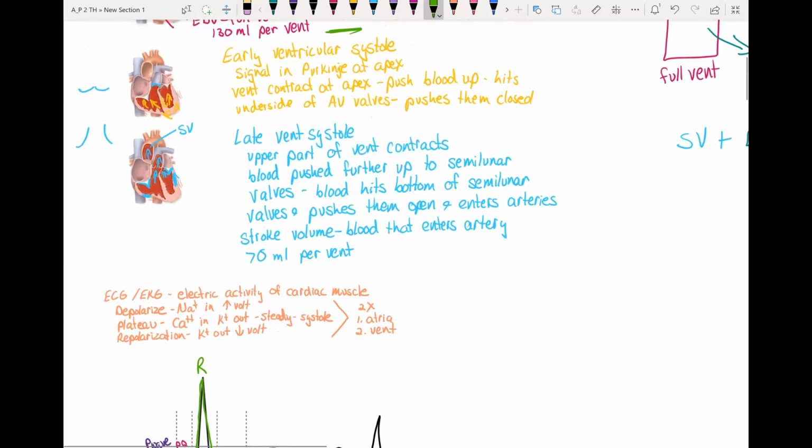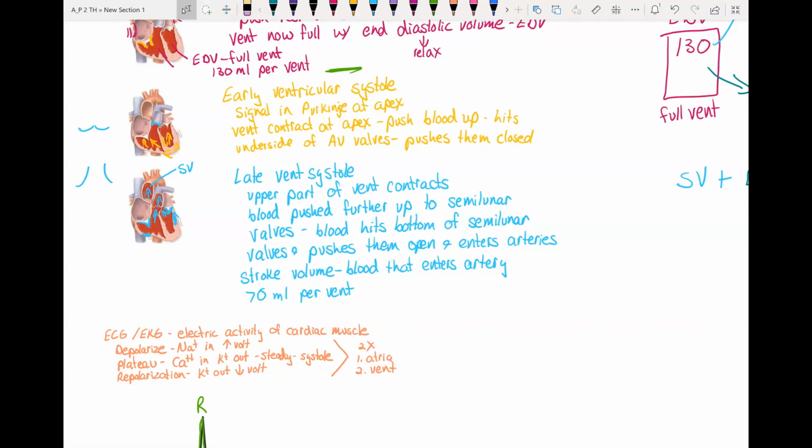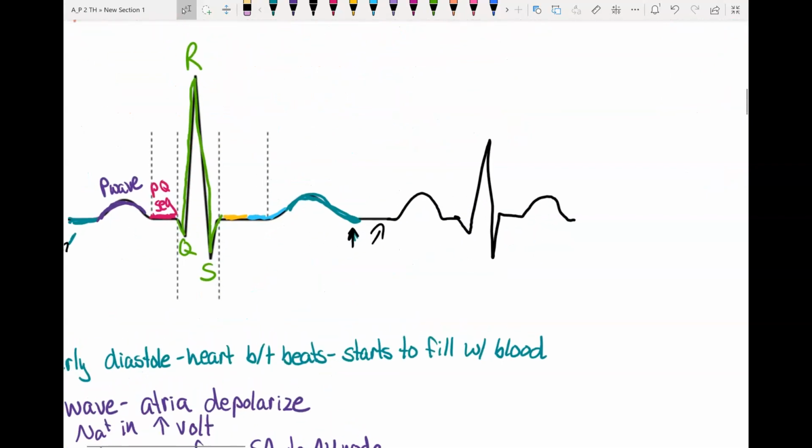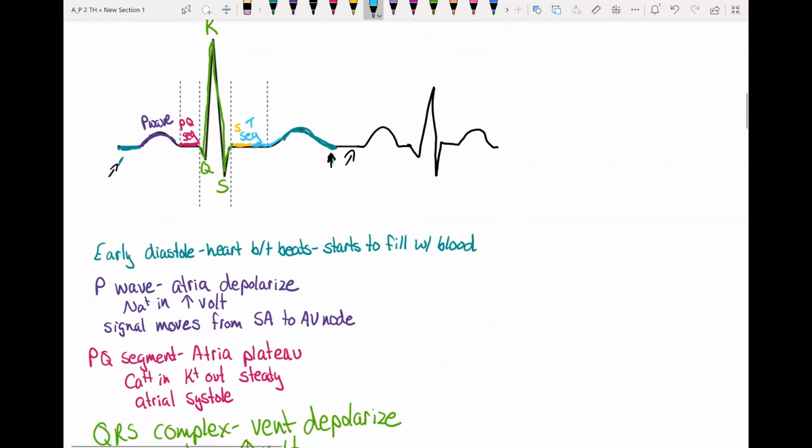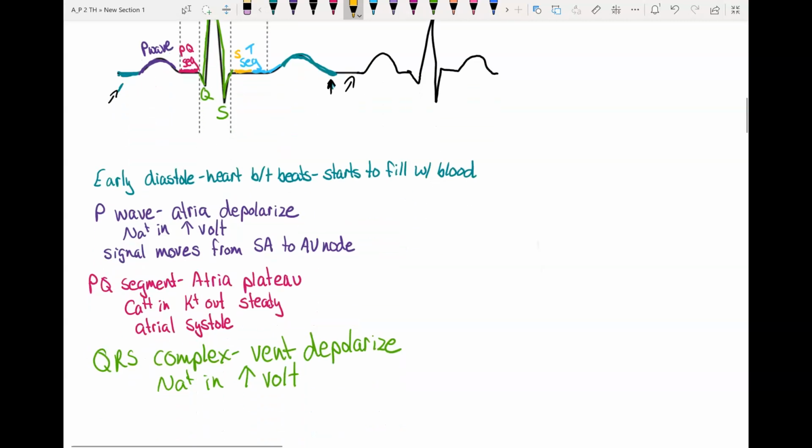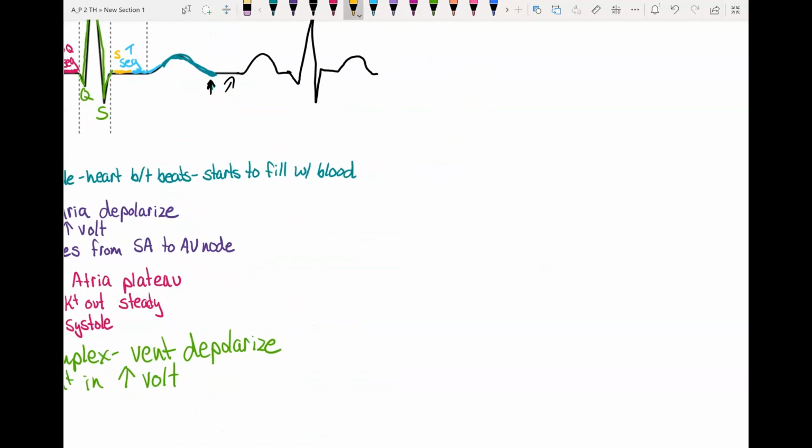Then next you have the ventricle systole. And up here we split it into two parts. We have the yellow for the early and the blue for the late. So this part down here is the ST segment. So you can pick if you want to write that in yellow or write it in blue or half and half. I'll just go ahead and put it in yellow, make it a little easier.